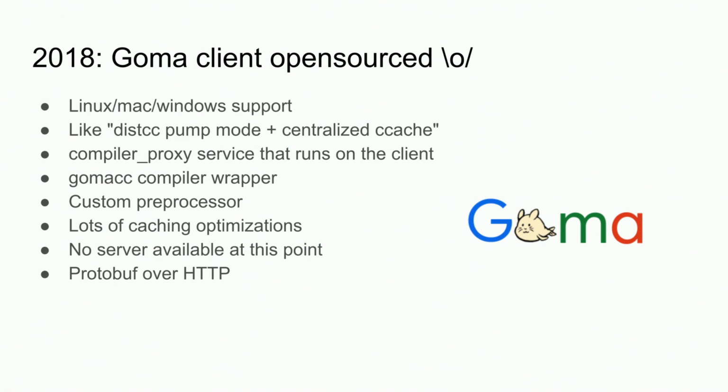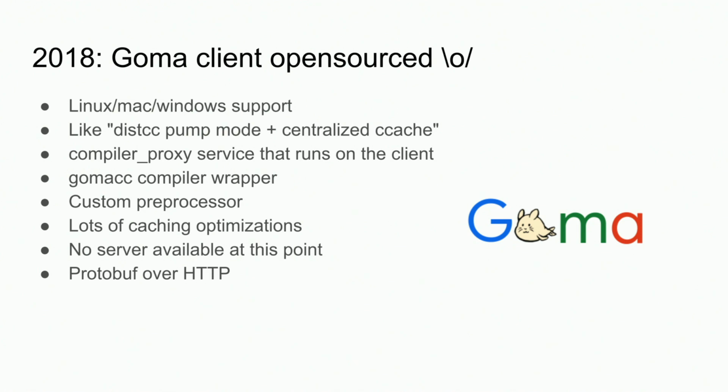So there's a compiler proxy service that runs on the client, kind of like the server that runs when you start Bazel on the client machine. There's a Goma CC compiler wrapper that feeds jobs into the compiler proxy. There's a custom preprocessor that's optimized just to find the inputs to a C or C++ compile job, and lots of caching optimizations under the hood.